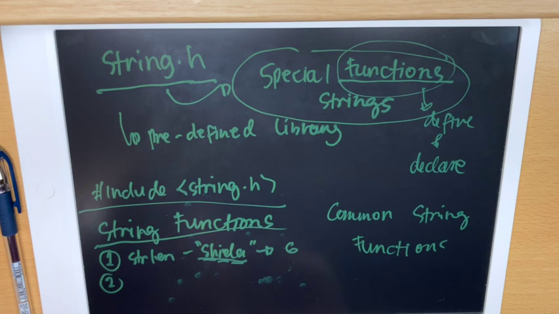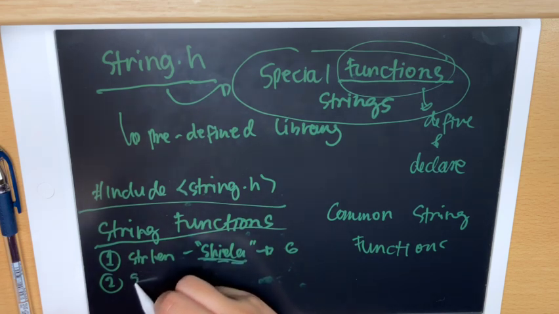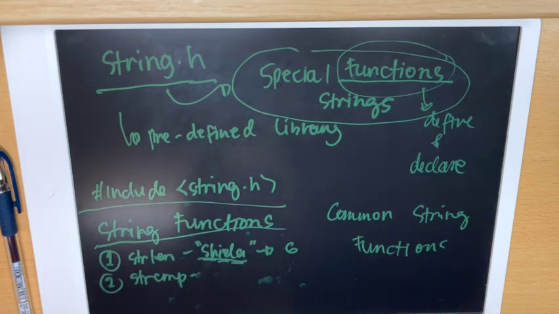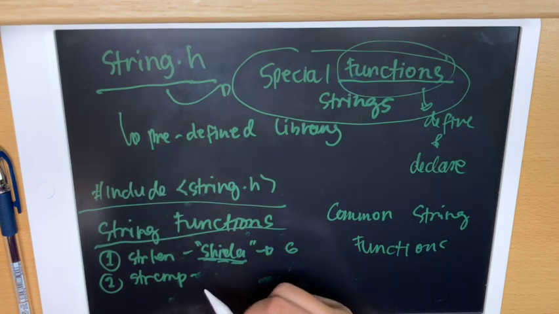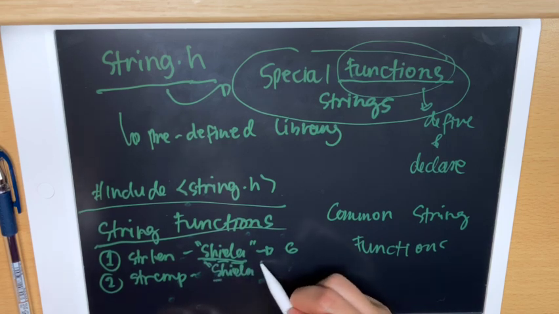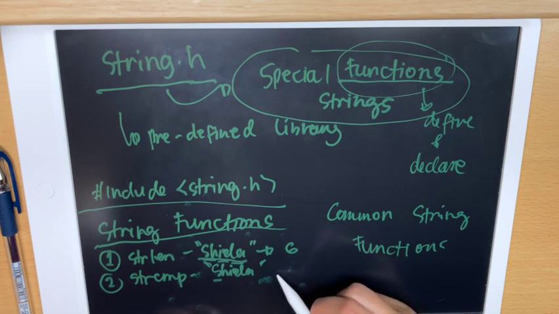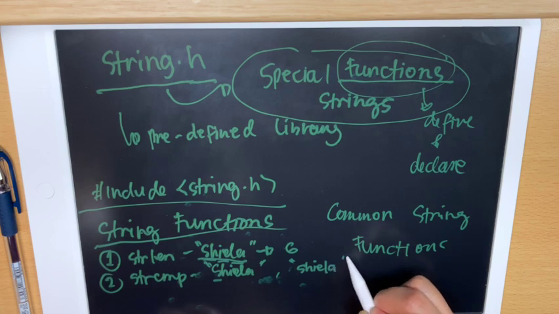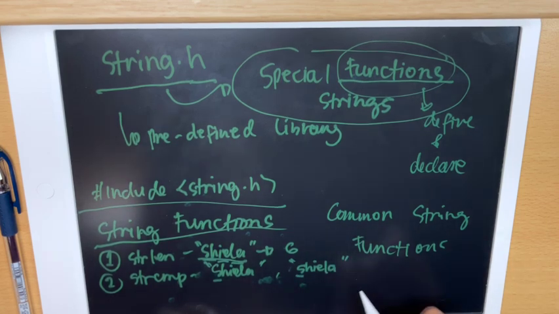Next, we will introduce string compare. In string compare, we need two strings, or two words, to compare whether they are the same or not equal. Let's say the string Sheila with capital S and the string Sheila with small letter s, are they the same?